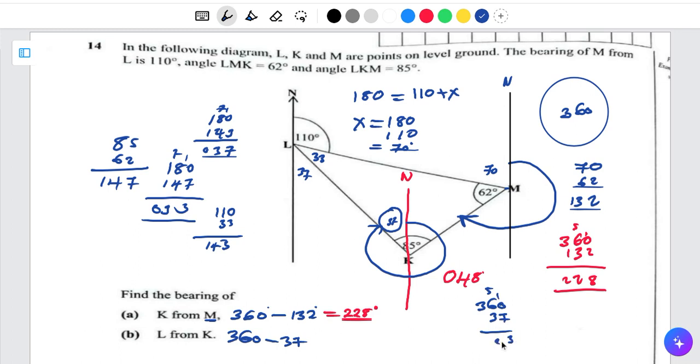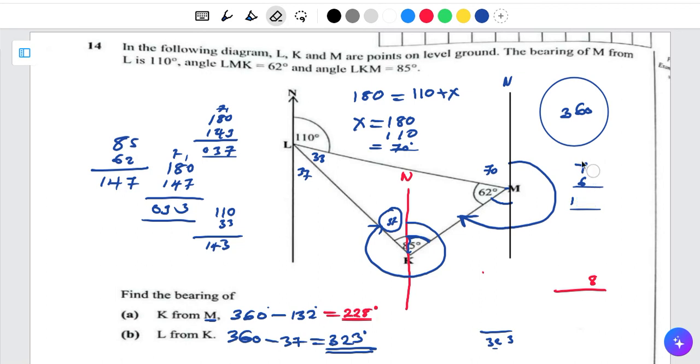So we are finding this one. Remember, the straight line adds up to 180. So we can find that one here by saying 70 plus 62. Then we are going to get 142. No, 132, not 142, 132 degrees.